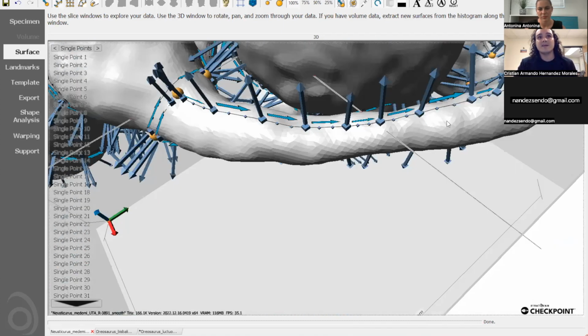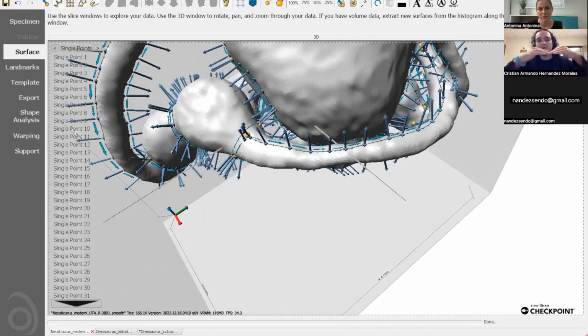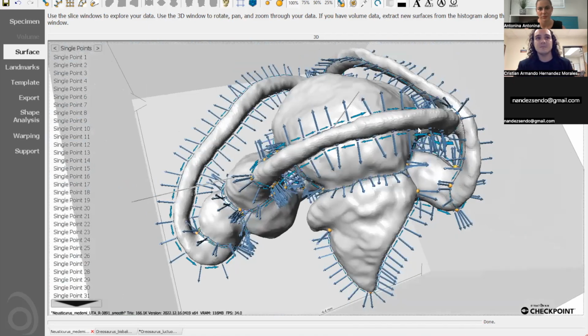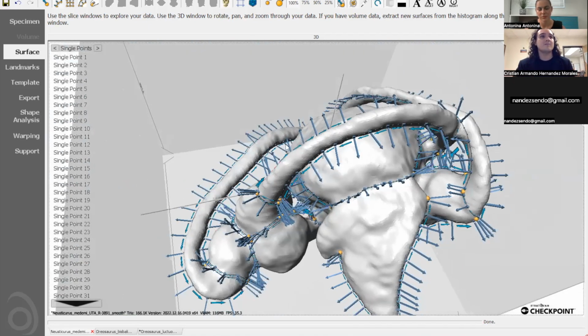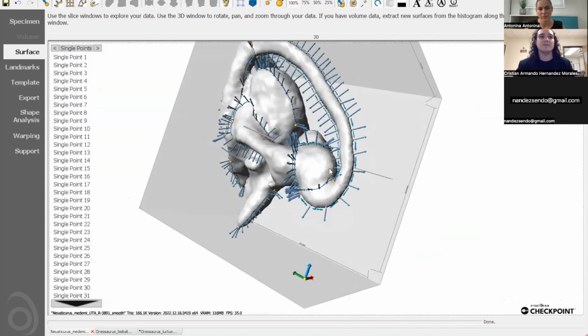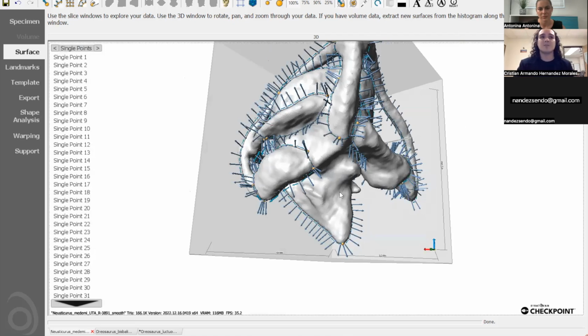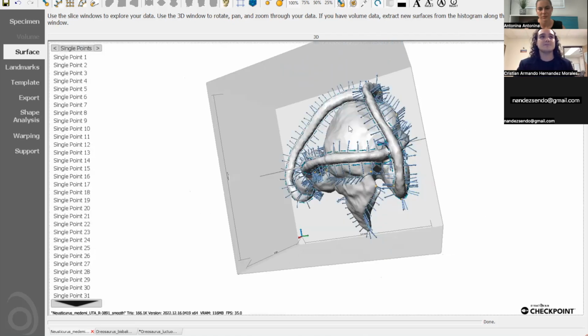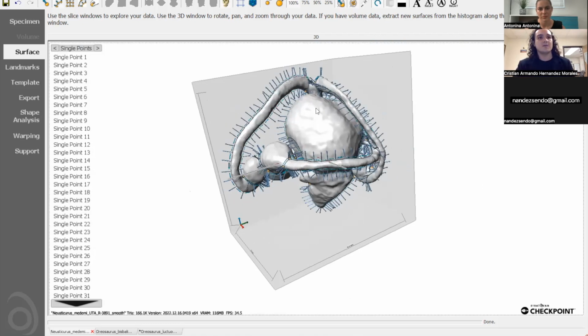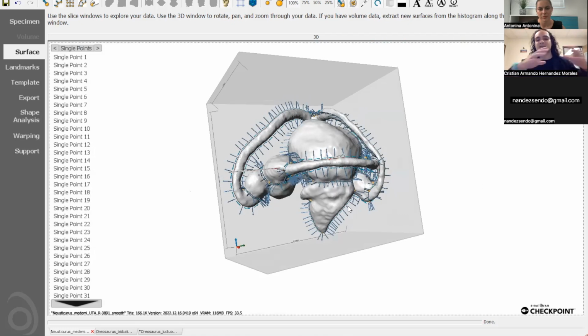In that way, I can have a representation of the outline of this structure. And basically, I have tried to do it with all the different parts of the inner ear. So we have the canals, the vestibule, the ampullas. So I have different sets of patches to capture the shape.